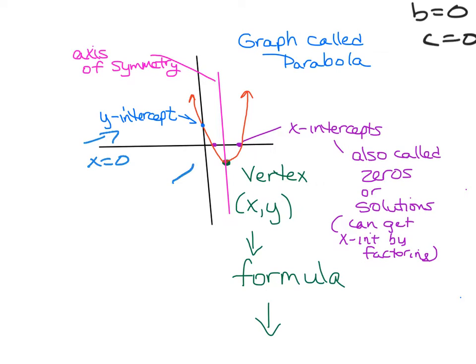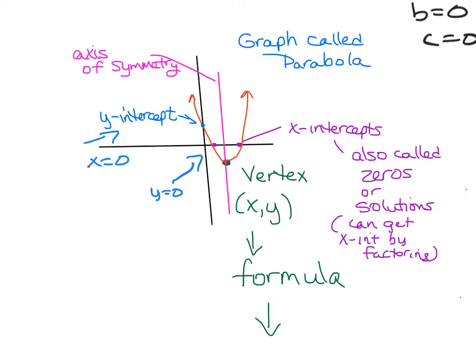We also have x-intercepts. We find those by setting y equal to 0. Because it's a quadratic equation, when we plug in y equals 0, we're either going to have to factor it, use the square root method, use completing the square, or the quadratic formula to get the x-intercepts.